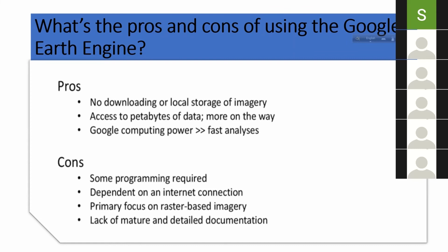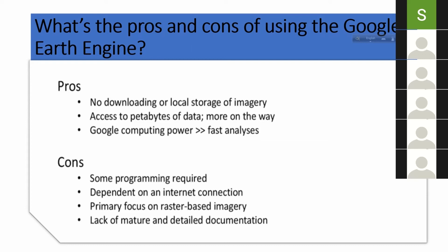You can easily access your code editor and simply implement your algorithm and use your result, and access petabytes of data and more. So Google computing power gives fast analysis. You can do your analysis easily and efficiently.